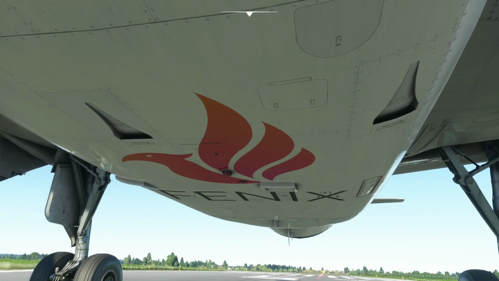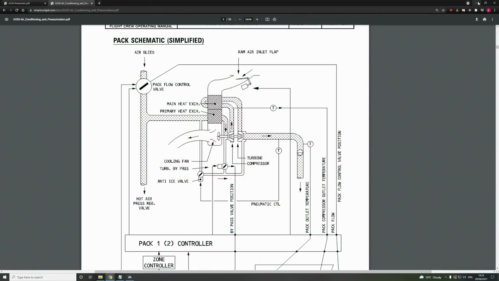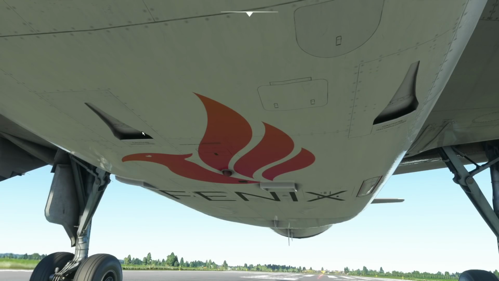So what this does is that the ram air inlet flaps actually close under very specific instances. If I give it TOGA power right now, you will see that these ram air inlet flaps will close. They'll close very slightly, not a lot, but enough to dissuade any errant foreign object debris from entering this area of the airplane.